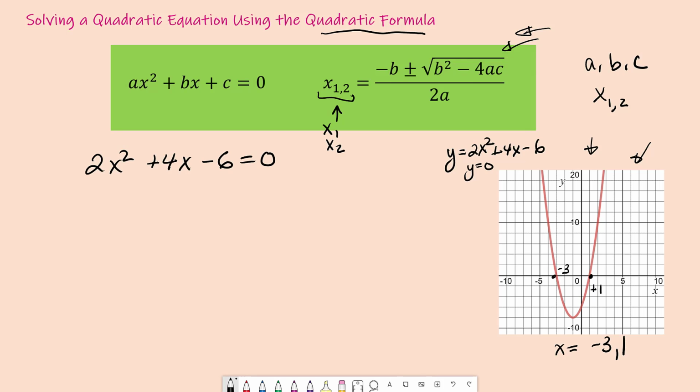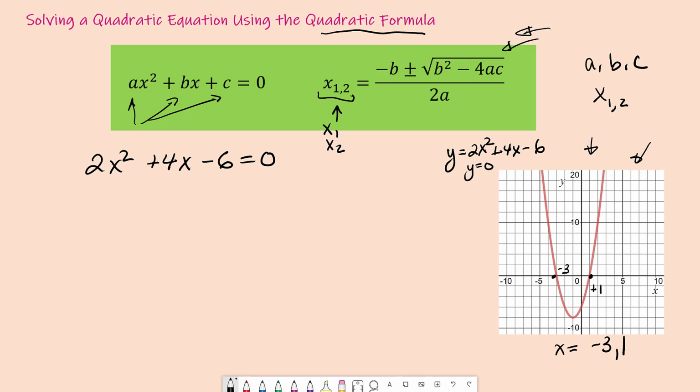What else do we have here? We have B here. We have A, we have C, and these are just the letters that we get from looking at our quadratic equation. So we have the coefficients, A that goes with the x squared, B that goes with x, and C is what we call the constant term because it doesn't depend on the variable, so it doesn't change when we vary x.